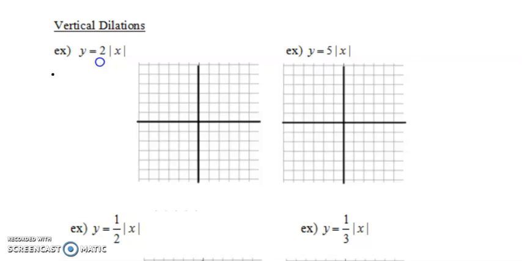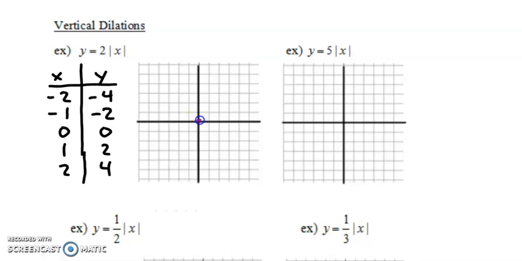If I were to set up an XY chart and plot these points, we see that our graph is much steeper than our parent function. Our parent function, just y equals absolute value of x, goes over 1 and up 1 in both directions. Now, by multiplying by 2 on the outside, our graph is much steeper.